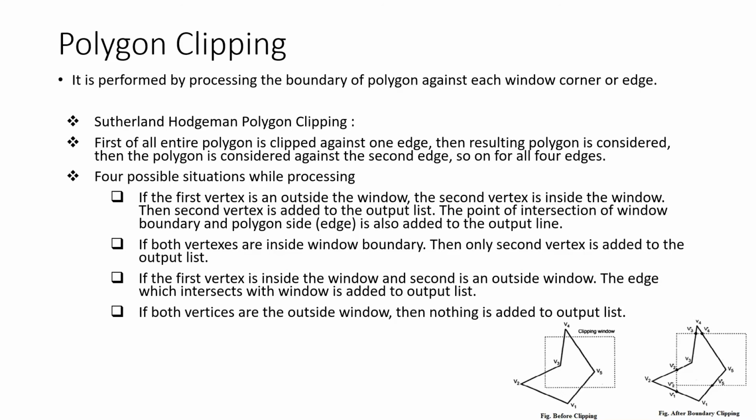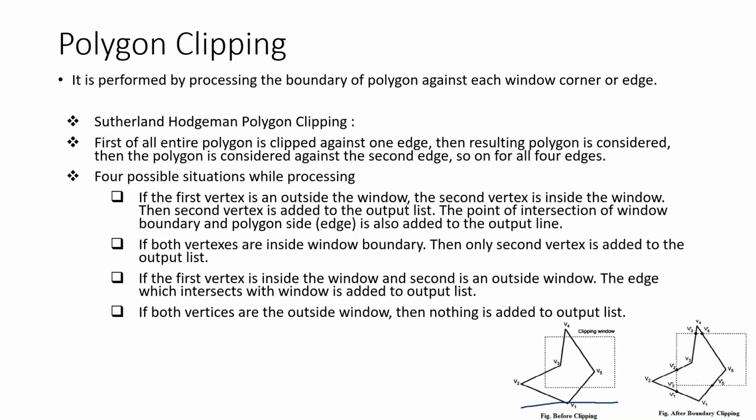You can see that in this image, this is a polygon given here. Now this polygon is not completely inside the window or completely outside the window. So how can you clip it using the clipping method? So the basic idea is to clip the polygon according to the line clipping algorithm.